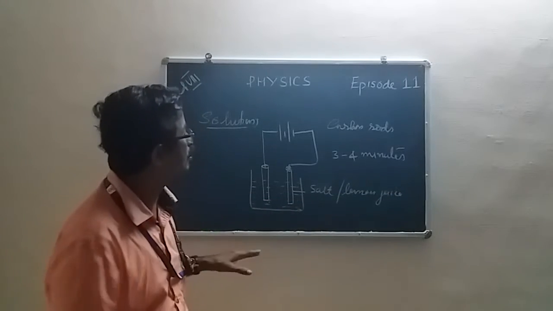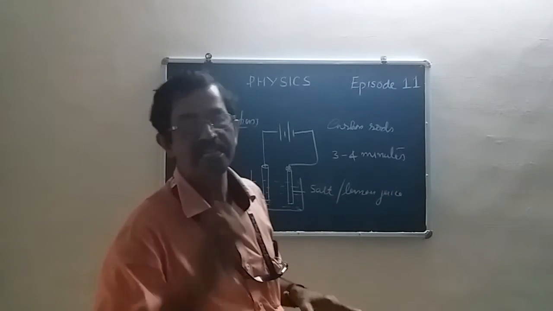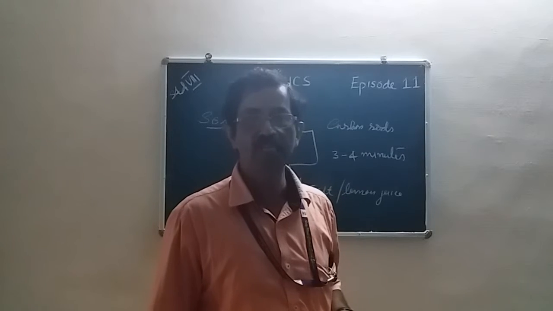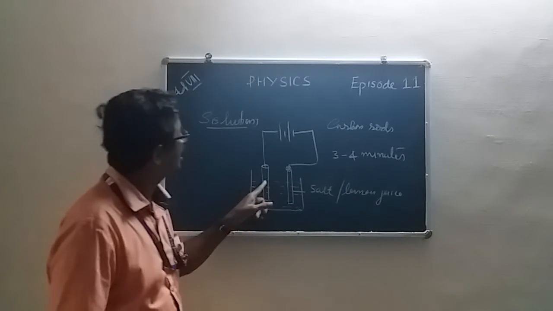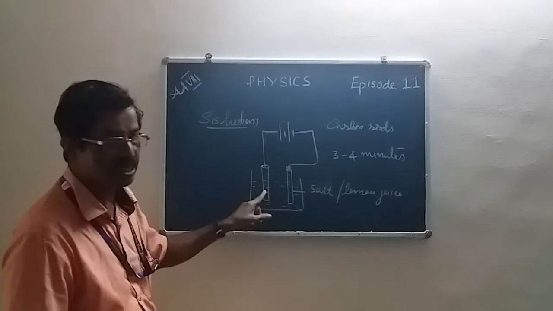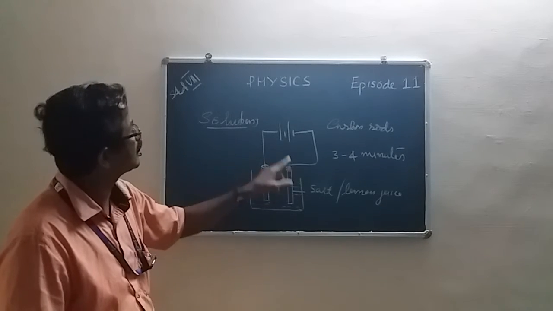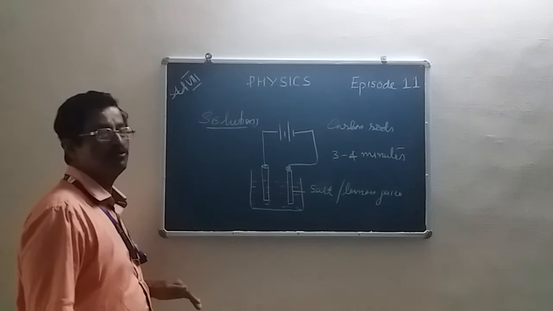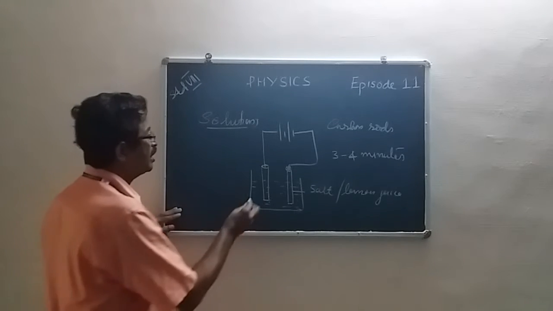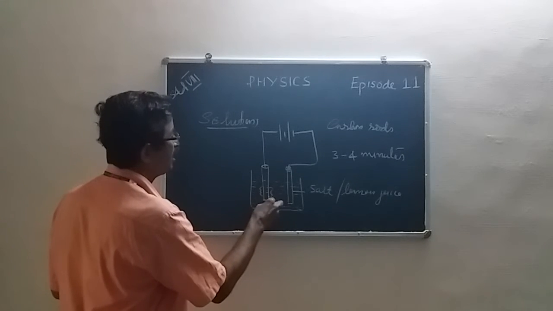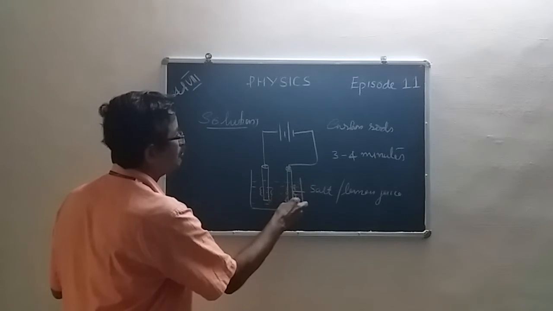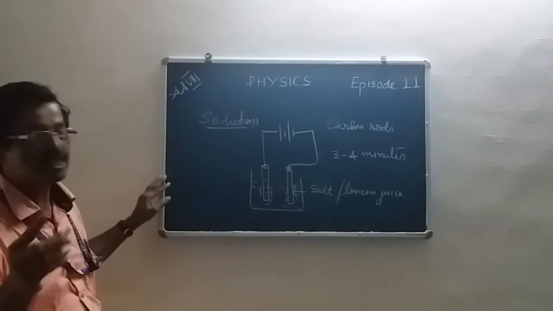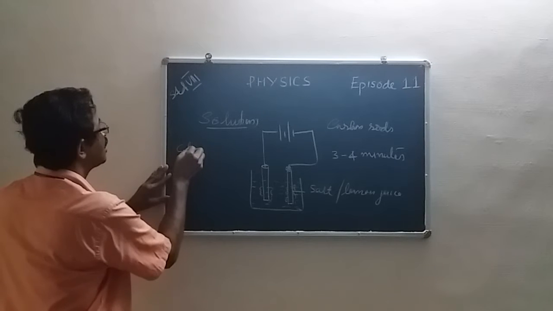By adding salt or lemon juice, the conductivity can increase. Keep these electrodes in this solution, with the cup remaining outside the solution. Observe after 3 to 4 minutes: you can see bubbles forming. So you observe some chemical change here.